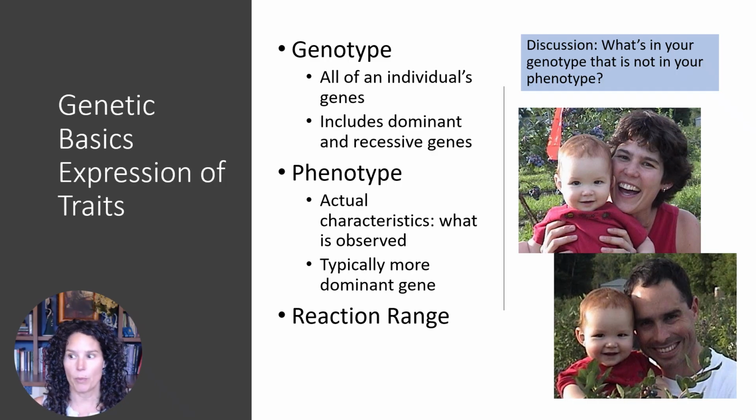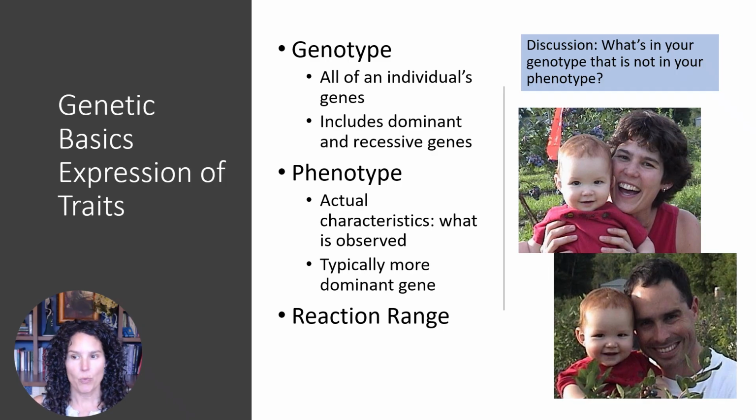We can apply this reaction range to many of our traits. For example, music ability. We all have a reaction range for that, which could be on the low end, the middle, or the high end, but where we land in our own range is going to depend on what kind of access we have to musical instruments and musical training. Our reaction range for skin cancer can vary too, depending on how much sun exposure we have.